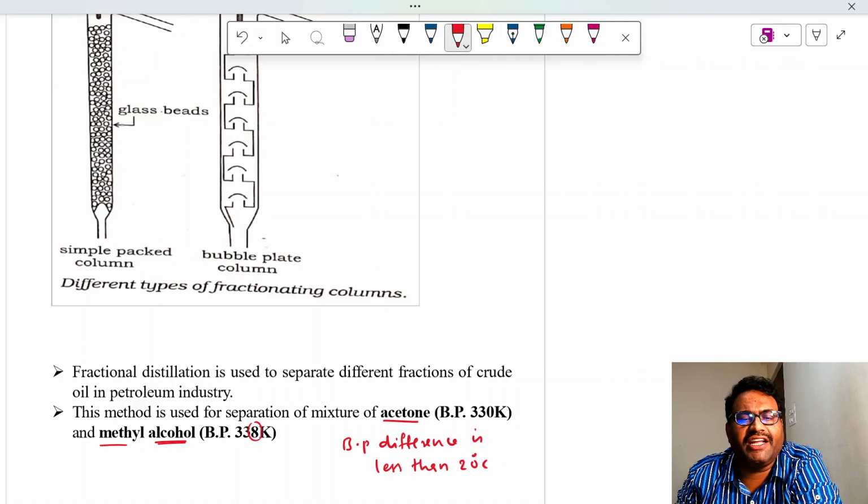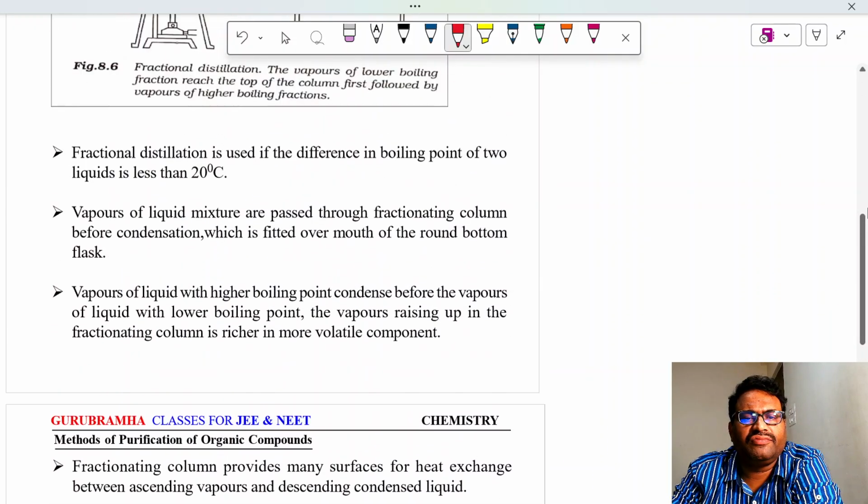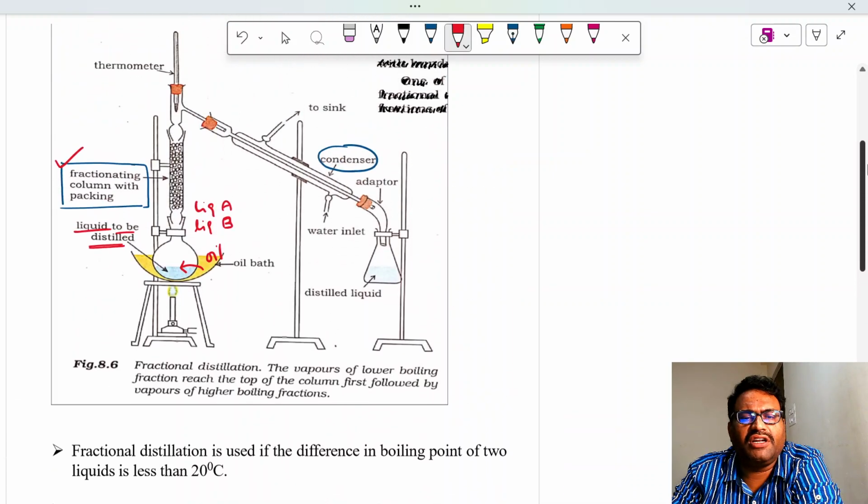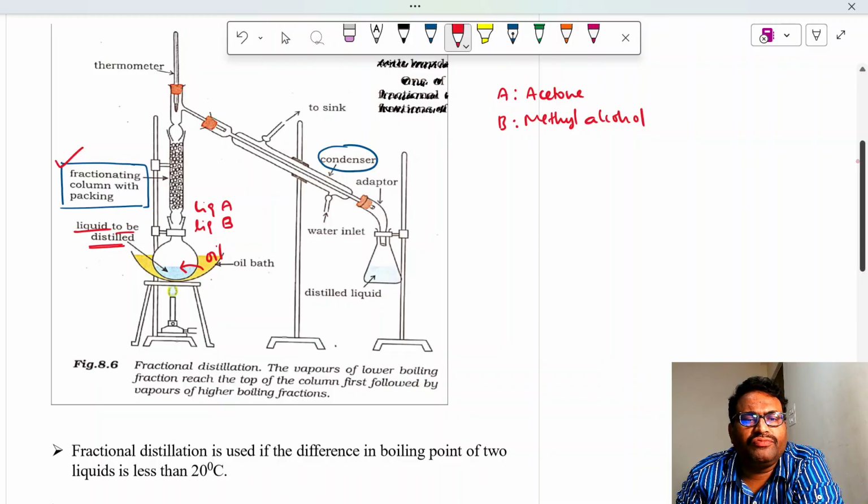The difference is only 8 degrees centigrade or 8 Kelvin, right? So one is acetone and another is methyl alcohol. So let us take A as acetone, B as methyl alcohol. So both are liquids, liquid A and B. Now when you heat it, both vaporize. What happens? Both get vaporized.